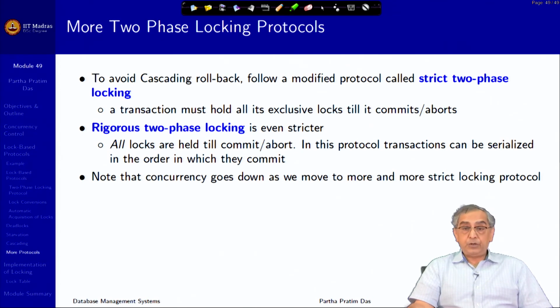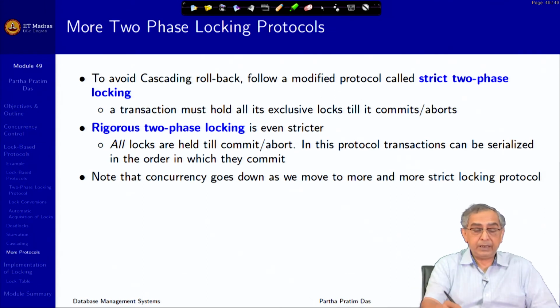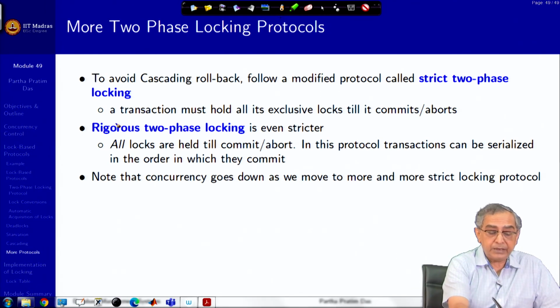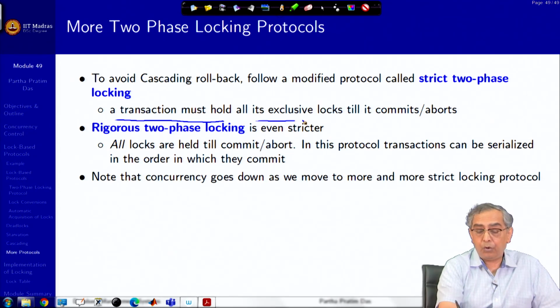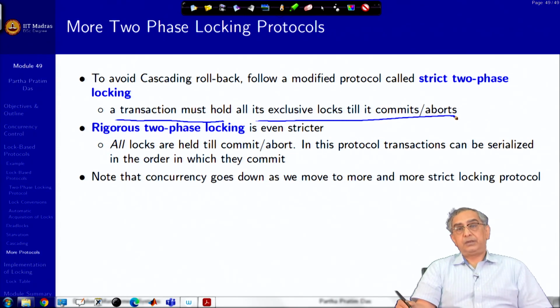Now, there are ways to avoid cascading rollback, which is known as the strict two-phase protocol. We just discussed the two-phase protocol. The strict two-phase protocol says that a transaction must hold all its exclusive locks till it commits or aborts.